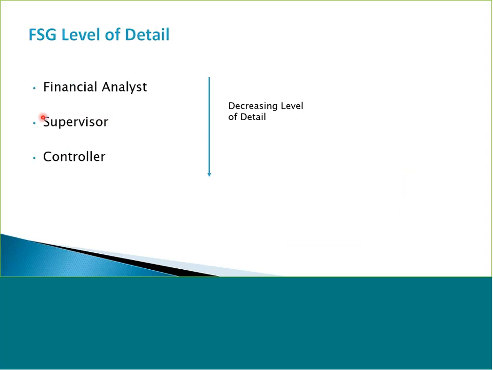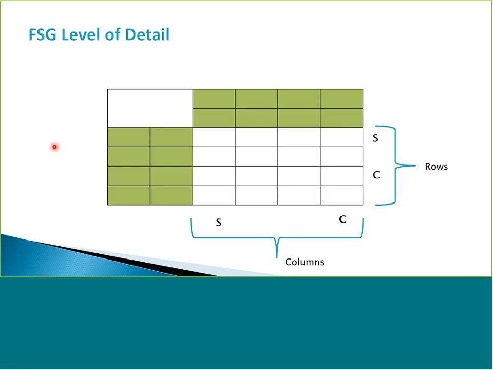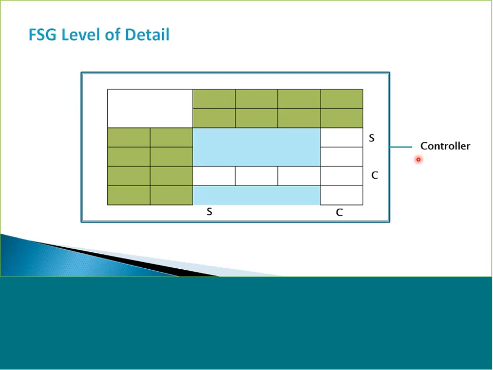So supervisor sees everything that's designated supervisor plus everything that's designated controller. So assuming in our report we assign this level of detail at the column definition and the row definition. If we run our report as controller, then what will the report show?